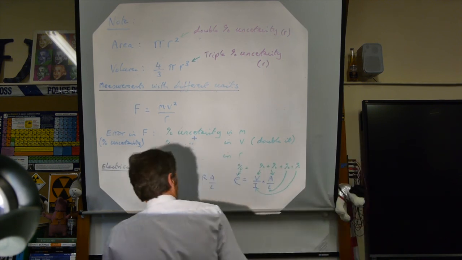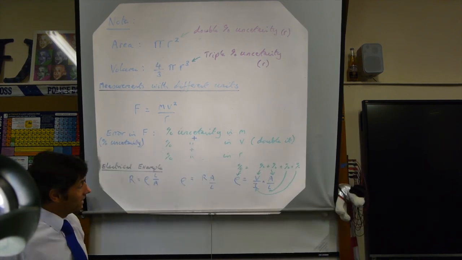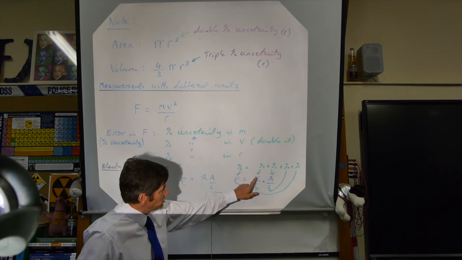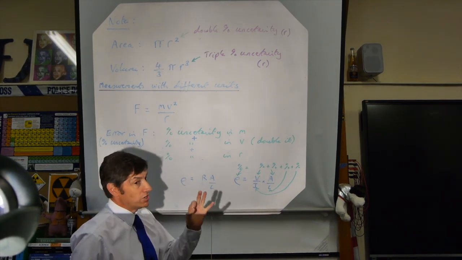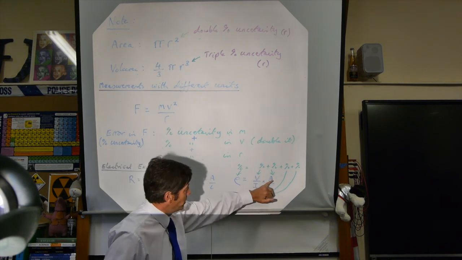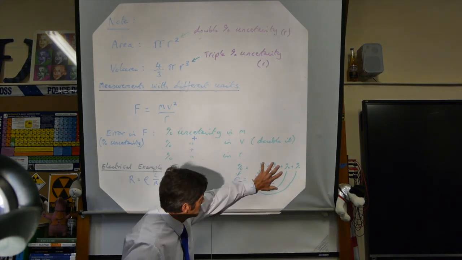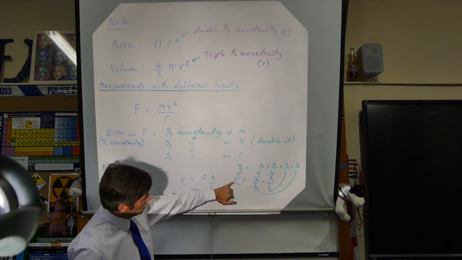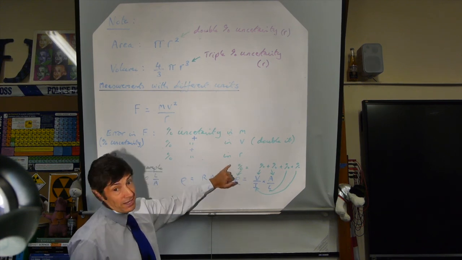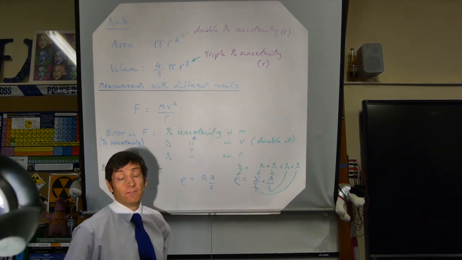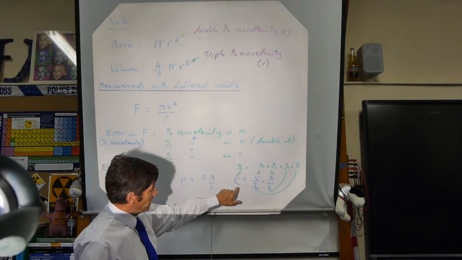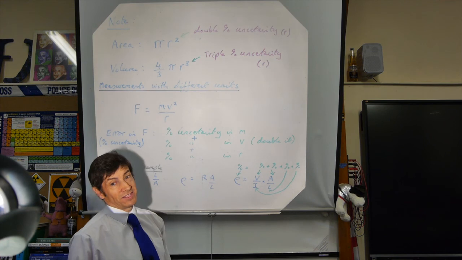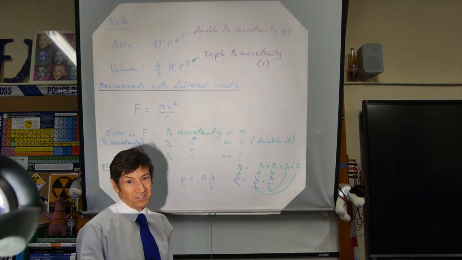So I hope you can see what we've done again is we've worked out the percentage uncertainty in each of these values that we've measured, and when we know those, we add them all up, and that will give us the total percentage uncertainty in the value that we calculate. And then you can turn that back if you want into an absolute uncertainty. So work out the percentage of this and then say plus or minus that much.